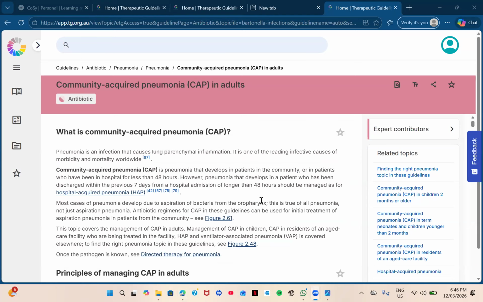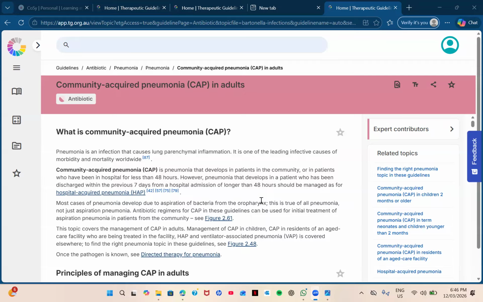Okay, so what is community acquired pneumonia? Pneumonia also we have different types, right? We have community acquired pneumonia, atypical pneumonia, hospital acquired pneumonia, and ventilator associated pneumonia.